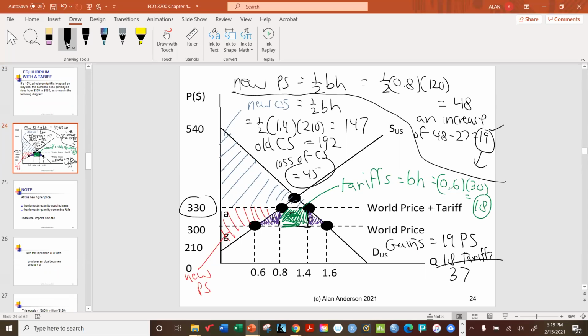We lose $45 in consumer surplus. So the net difference is 8. All right. So we have deadweight loss equal to 8. All right. But the bottom line is that no matter how you look at it, we're losing more than we're gaining.